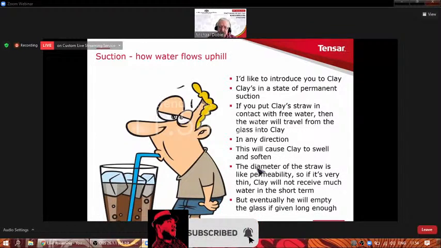And the diameter of the straw is of importance, because it's like permeability. So if the straw is very, very, very thin, then of course in the short term clay will not receive much water, but he will still receive some. And if we leave it there for long enough, he would eventually empty the glass.